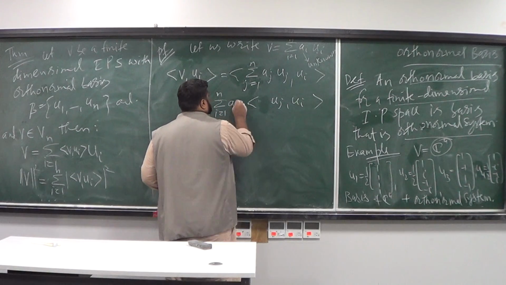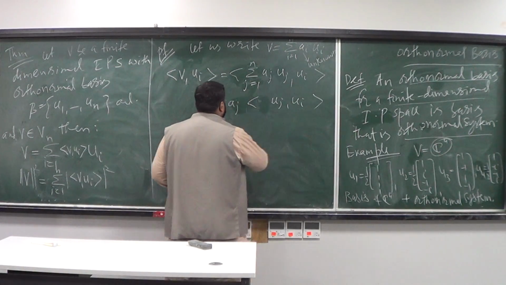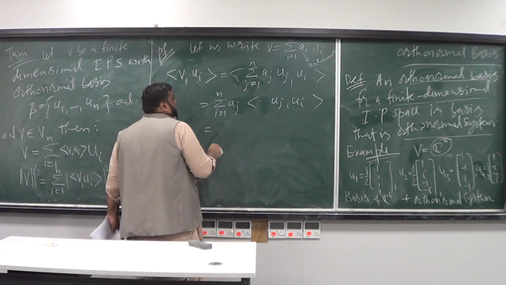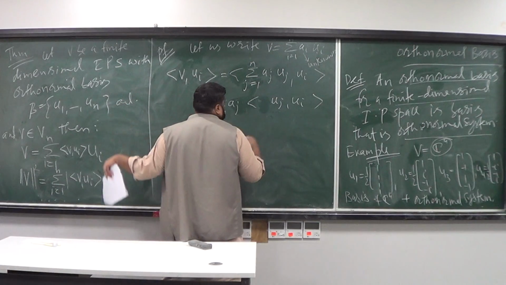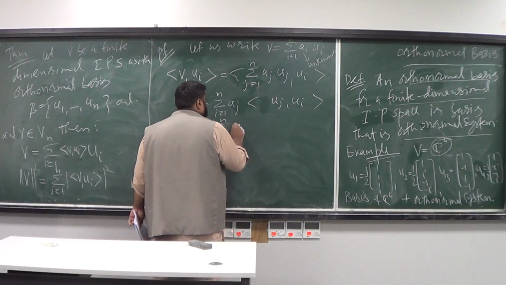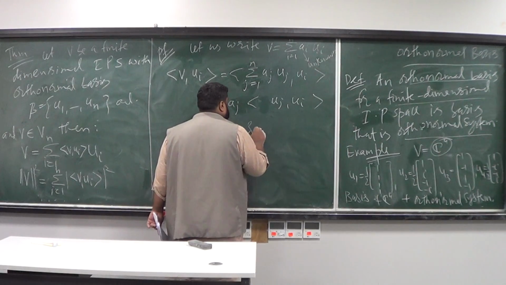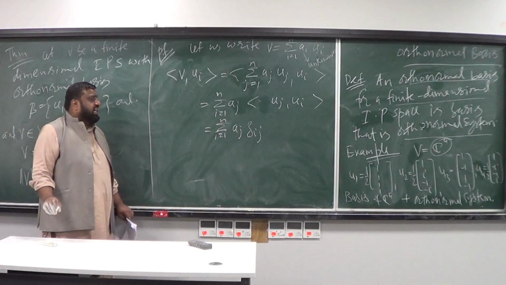But then u_j and u_i are what? Since the u_i's form an orthonormal system, this will be equal to the sum from j equals 1 to n of a_j delta_ij.